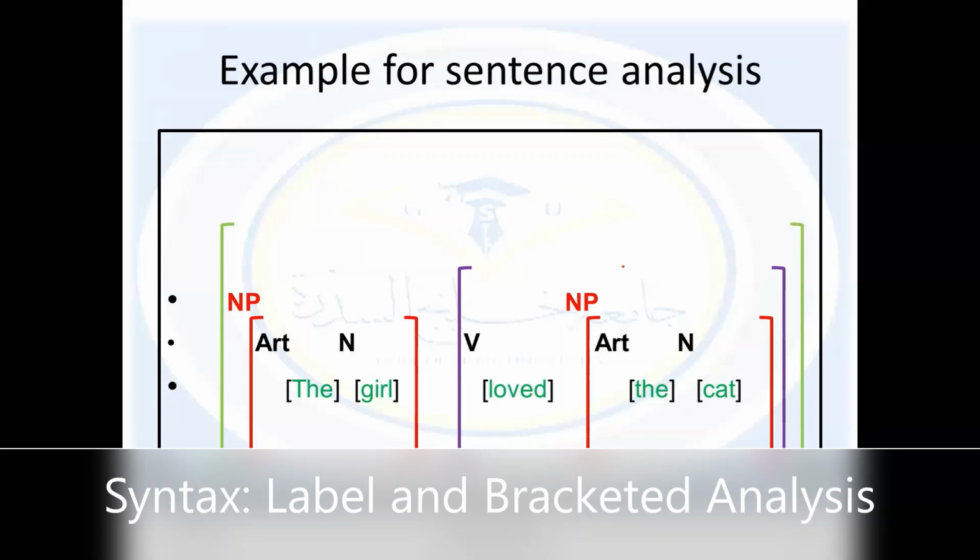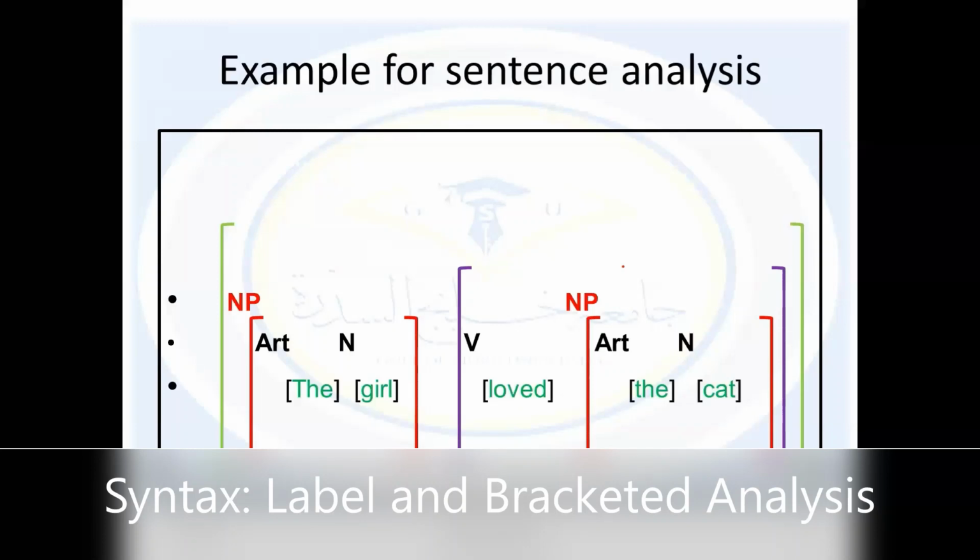The girl is a noun phrase, and it is enclosed with some other, larger brackets, and even the cat, the article and noun, also enclosed with some other brackets. And also we'll find the label above, NP, noun phrase.